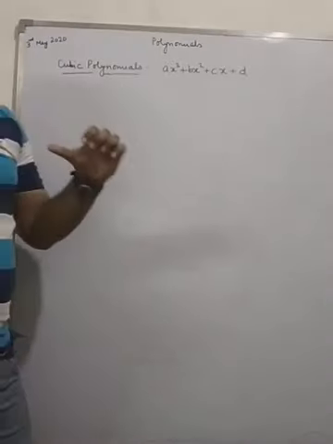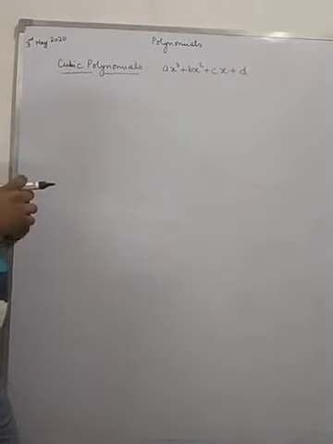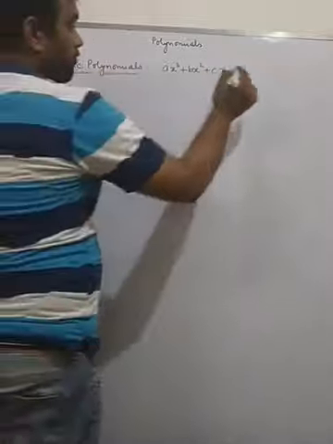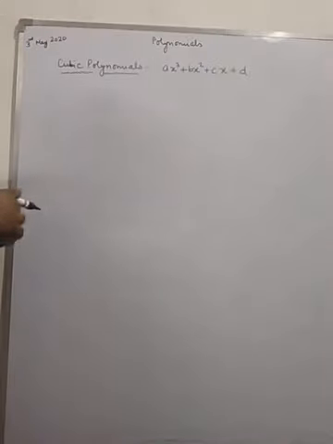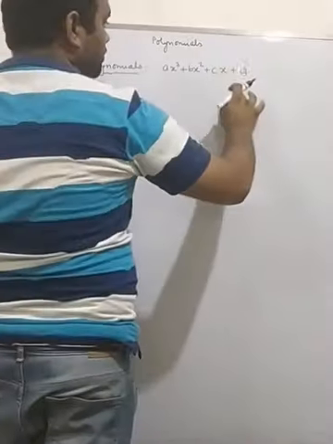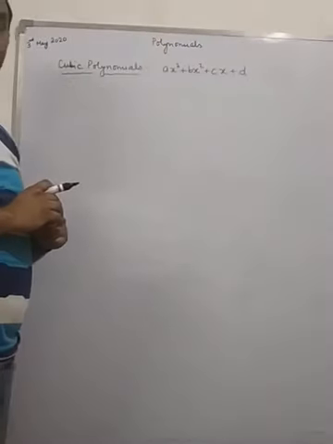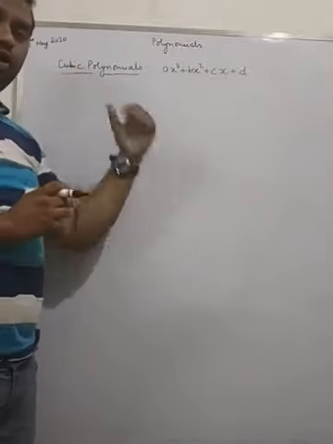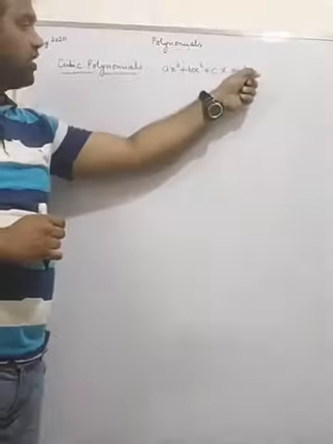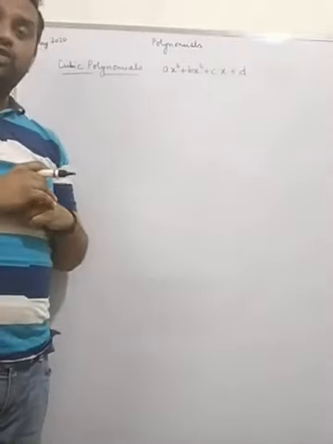Now in order to factorize these types of polynomials, we will simply find the different factors of the last constant term, and after that we will start putting one value at a time of these factors, and once we make the remainder 0, it means that particular number is a factor.